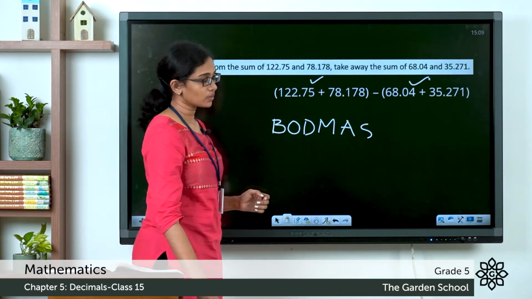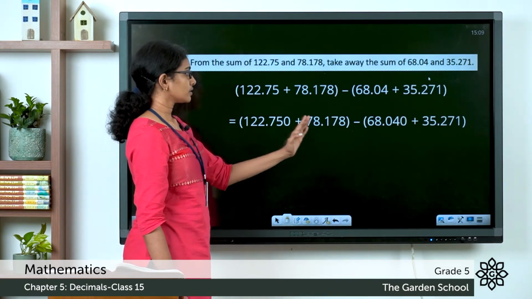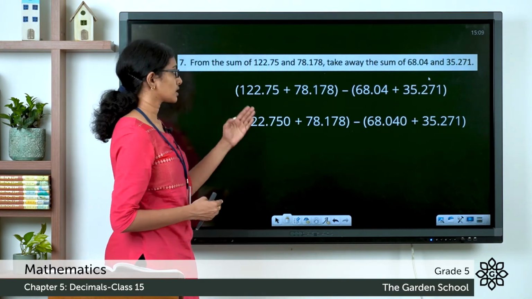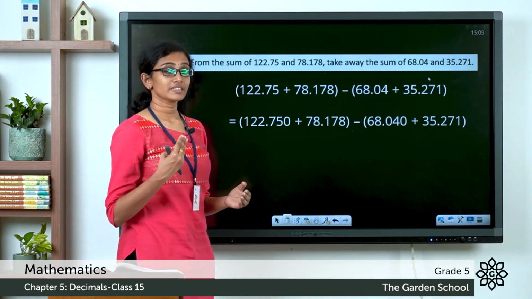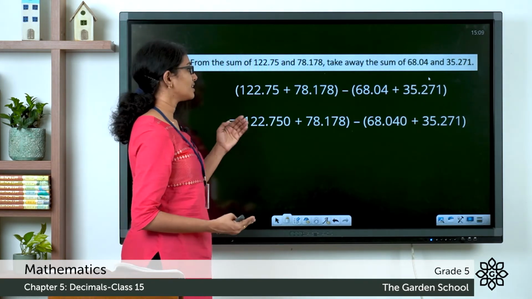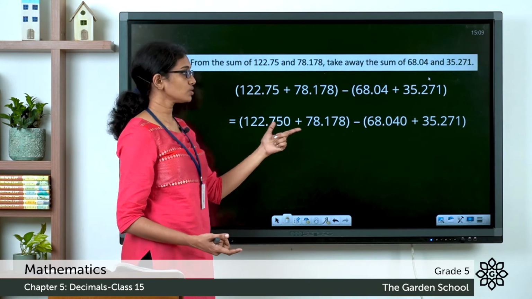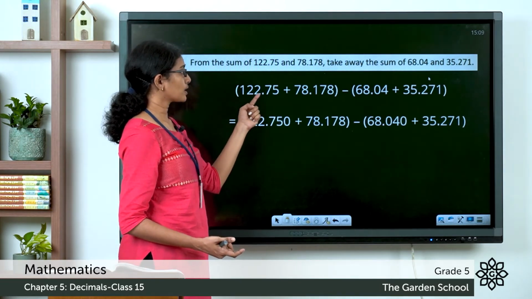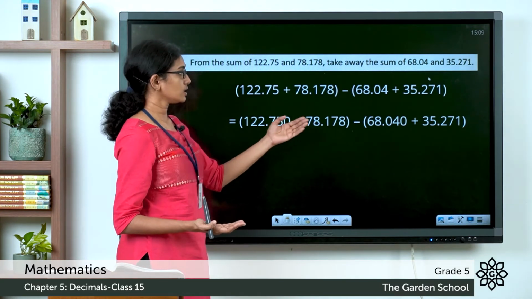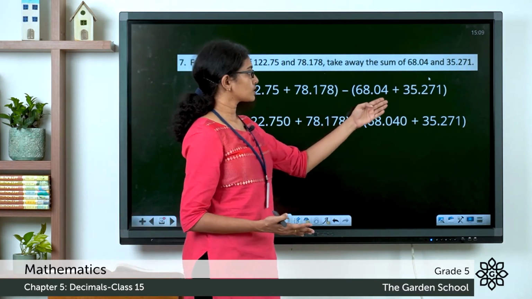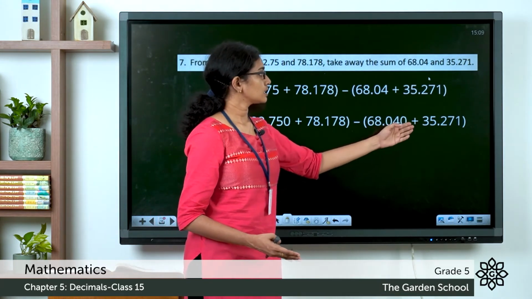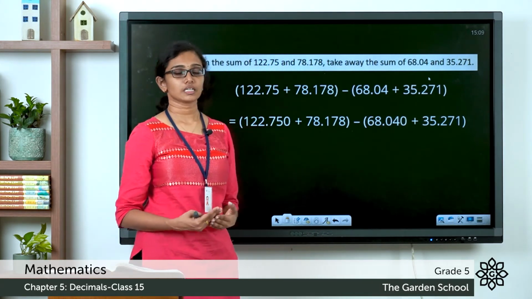Now let's find out the sum of each of these. Here you have rearranged it by making them into like decimals. In the question they were unlike decimals. So here we change them into like decimals by adding enough zeros. See, 122.75 became 122.750. Here, as it is, 68.04 becomes 68.040 and 35.271 as such.